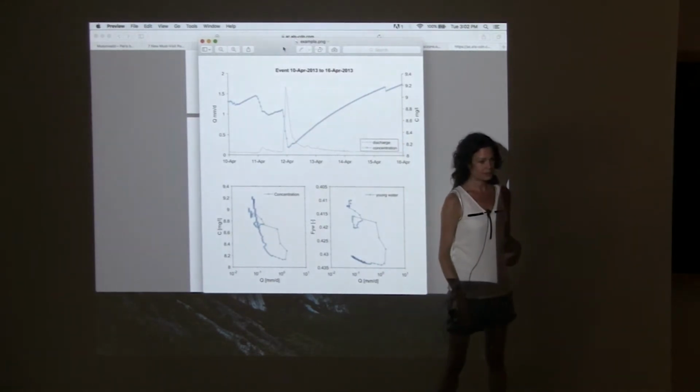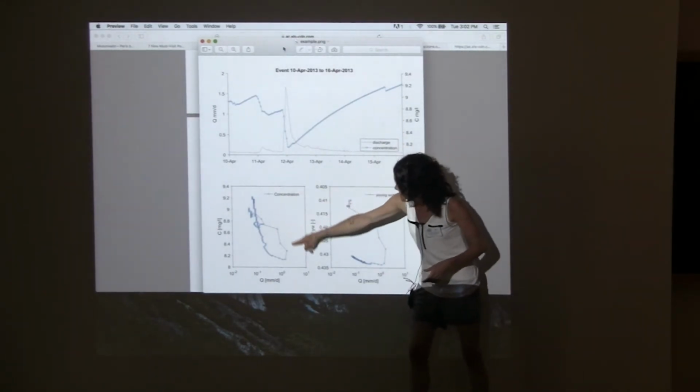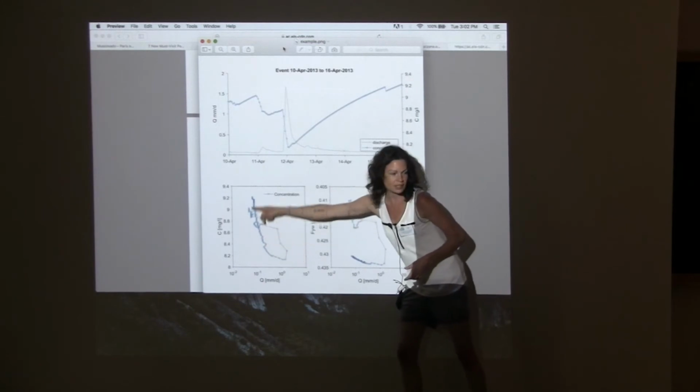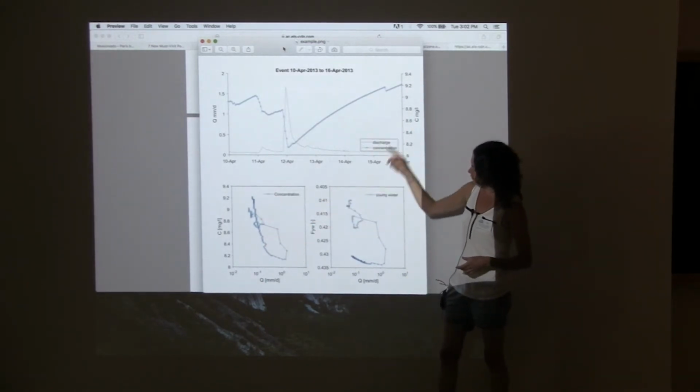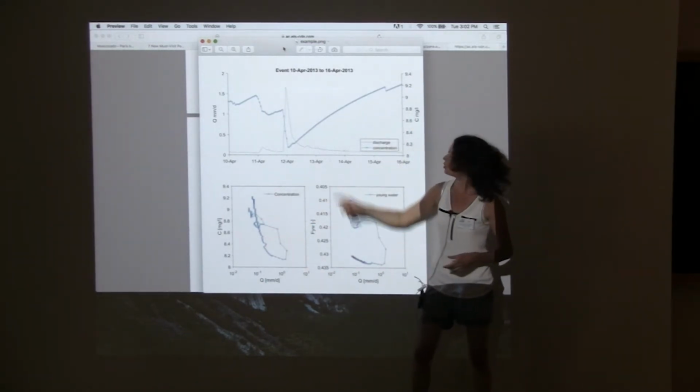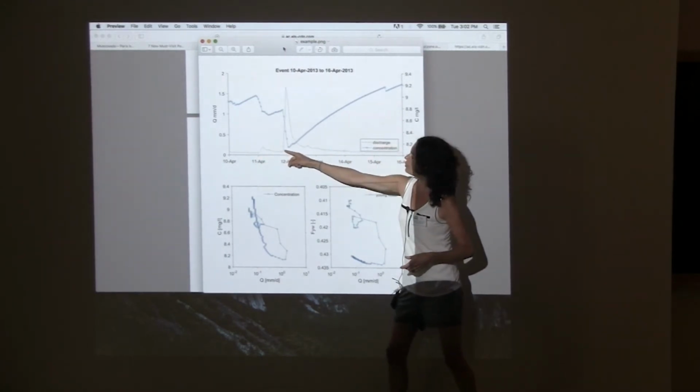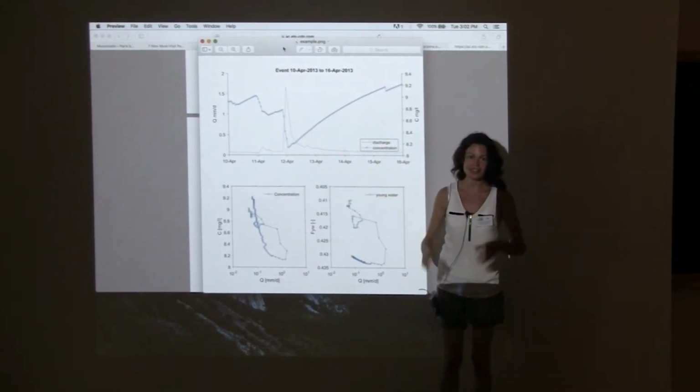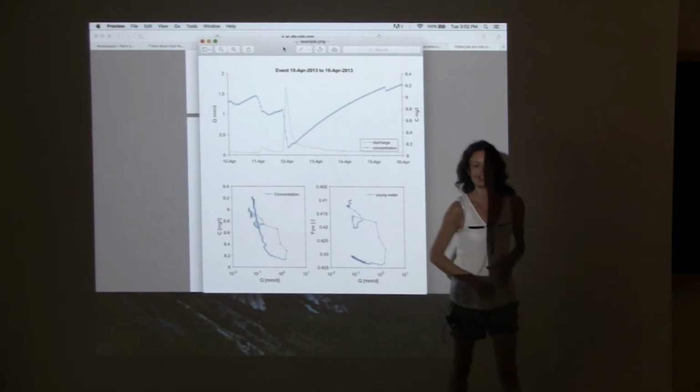He gets hysteresis in silicon concentrations as a function of discharge that integrates the prior to and afterward event. It's the coolest stuff that I think is happening right now.